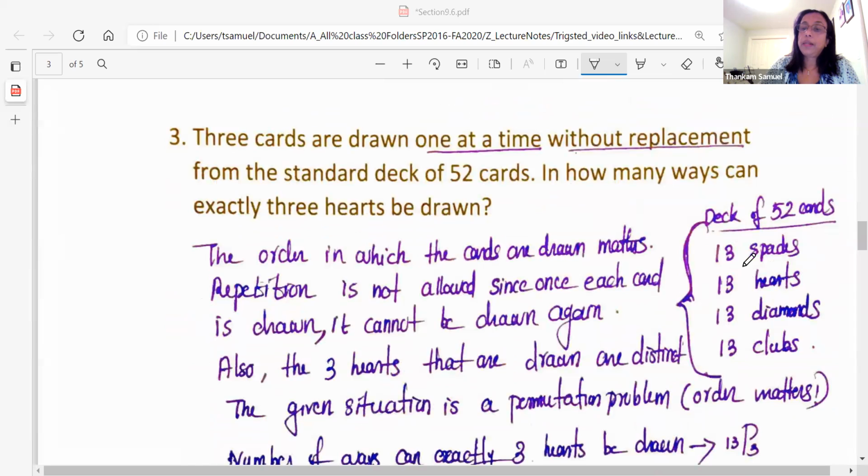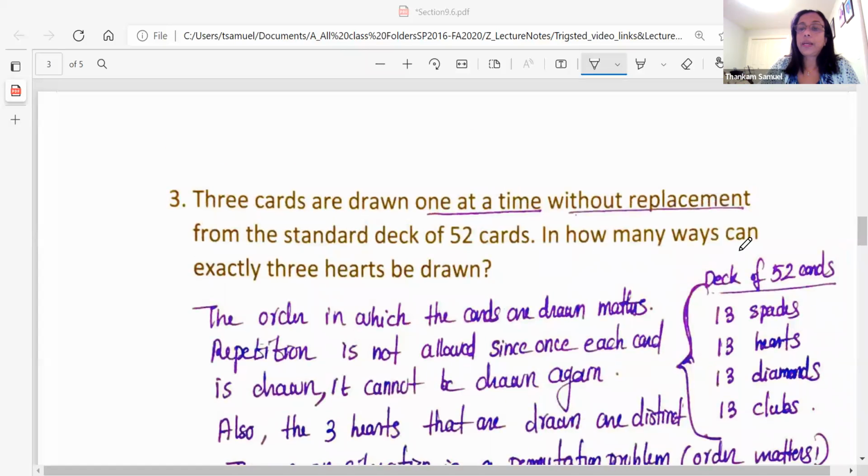You know that there are 13 spades, 13 hearts, 13 diamonds, and 13 clubs in this deck of 52 cards. So our question is, in how many ways can exactly 3 hearts be drawn? And also note that 3 cards are drawn one at a time without replacement.